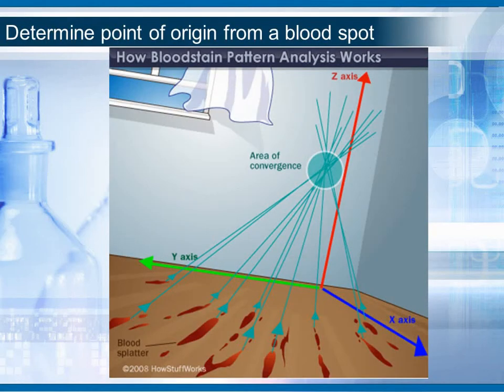If you have a bunch of blood splatter, the way they do this in Dexter is they measure out all of the angles for each one of these blood spots, and they string up a string directly on the edge of each blood spot. Where all the strings connect is the source of the impact. So they're really back calculating and figuring out where the source of the impact is by stringing along these angles. Does it make sense?